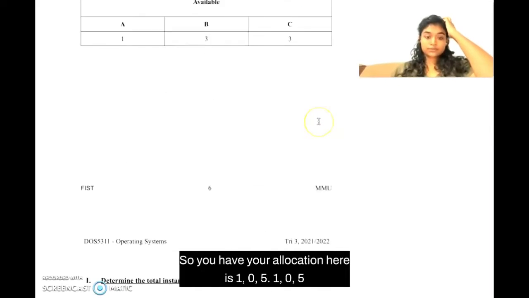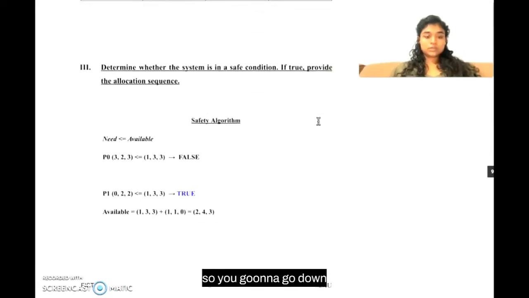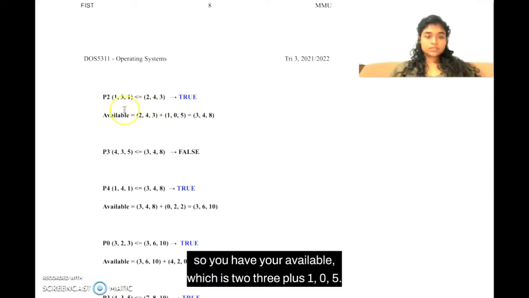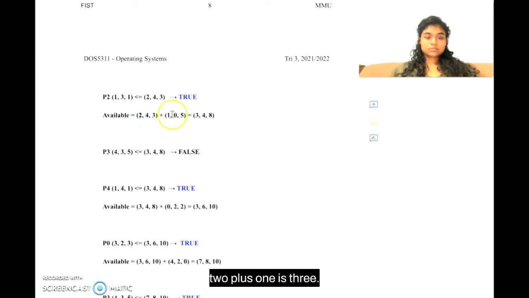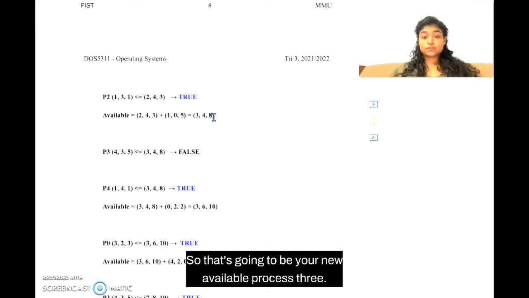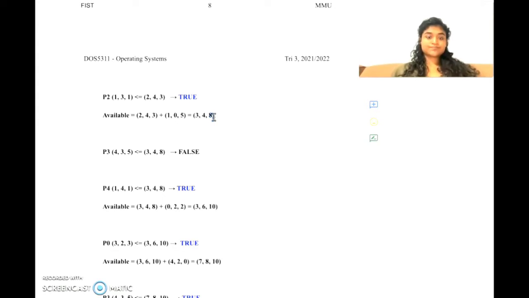So you have your available, which is 2, 4, 3, plus 1, 0, 5. Okay, so 2 plus 1 is 3. Then 4 plus 0 is 4. And 3 plus 5 is 8. So that is going to be your new available for process 3.